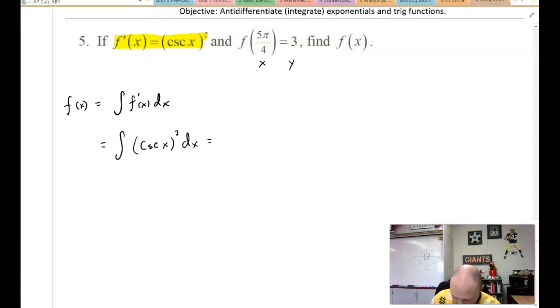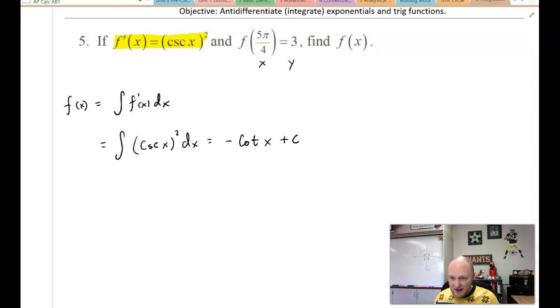And this is equal to, well, what derivative of what trig function gives us cosecant squared? That's going to be cotangent. If I integrate and I get cotangent of x, I'm going to have to add on a negative, and you can double check that is one of our trig rules. So here is f of x: negative cotangent of x plus c.